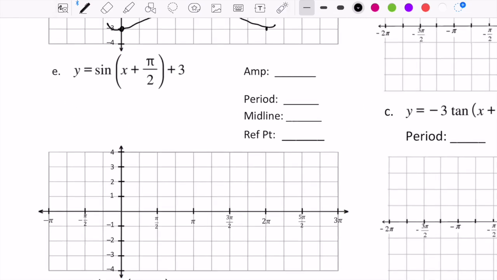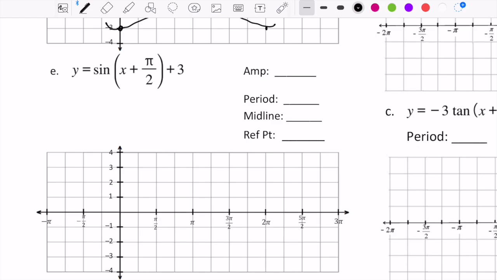Okay, moving on to E, amplitude, absolute value of the number before the function. So that's 1. Period is going to be 2 pi divided by the number before x. So it's 2 pi. The midline is going to be y equals 3 because it's going up 3. There's no reflection, but there is a horizontal.